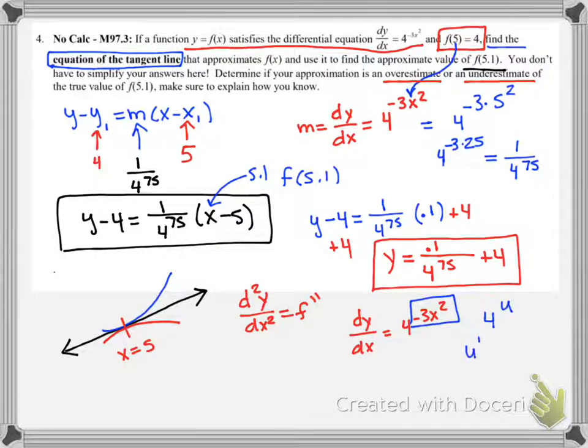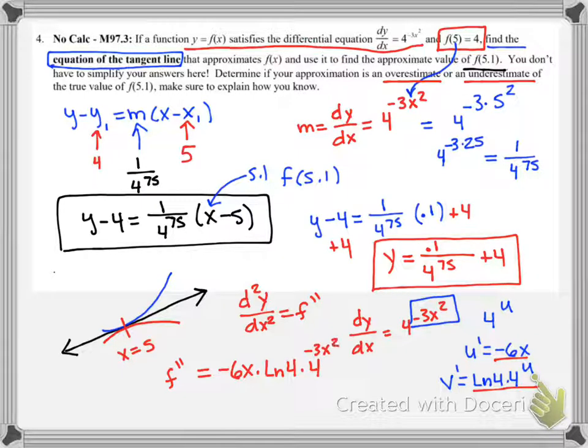So u prime will be negative 6x, and v prime will be ln of 4 times 4 to the inner function of u. And I'll multiply these two derivatives together. So my second derivative, f double prime, will equal negative 6x times ln of 4 times 4 to the negative 3x squared.